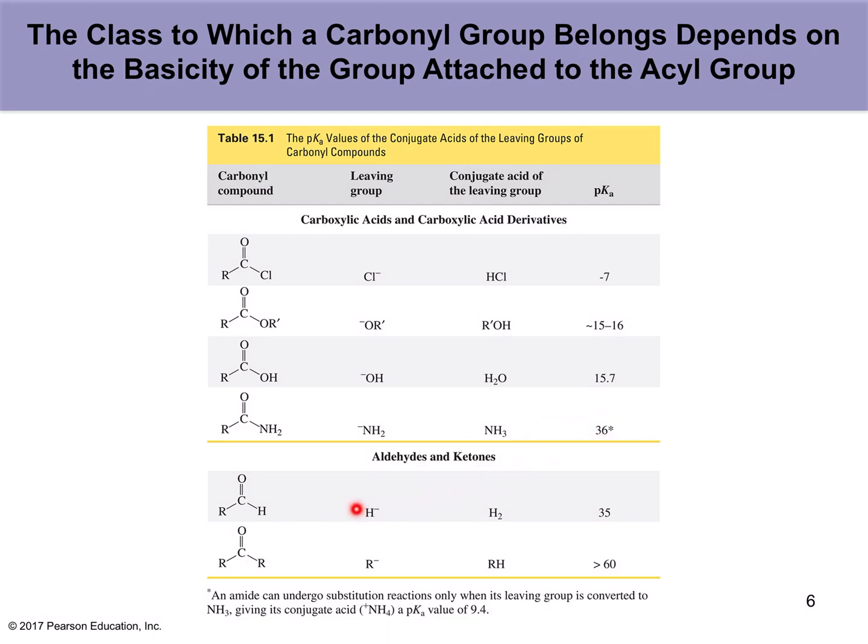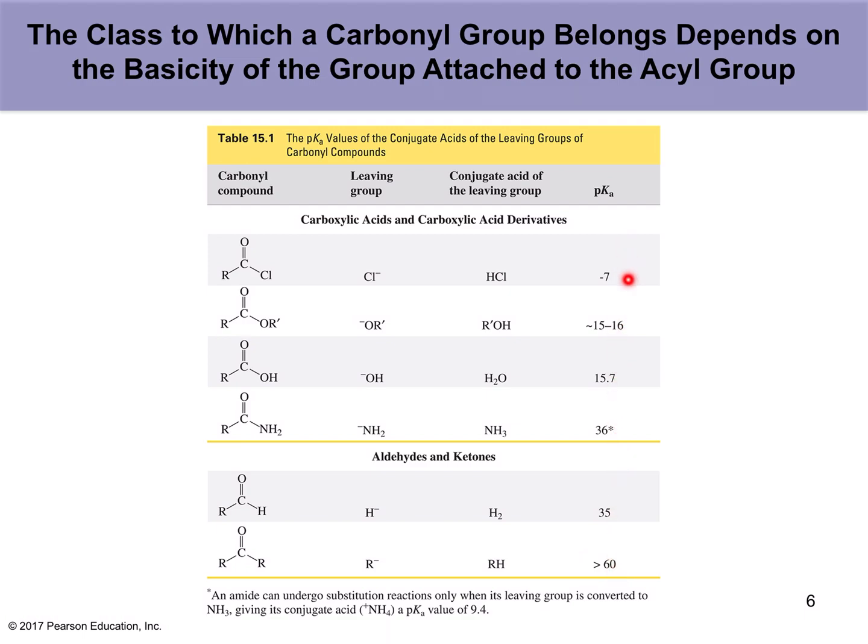Now, if you look at aldehydes and ketones, if you lose hydrogen as H minus, this is the base, and the conjugate acid, hydrogen, has a pKa of about 35. And then the alkyl group, R minus, has a pKa greater than 60.